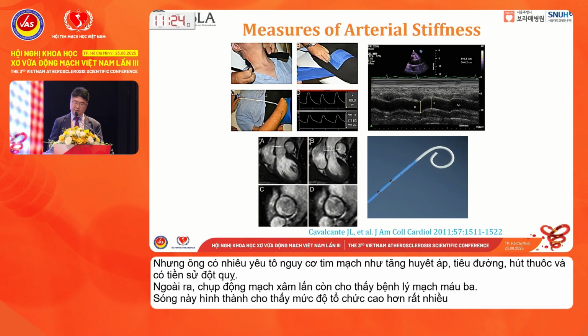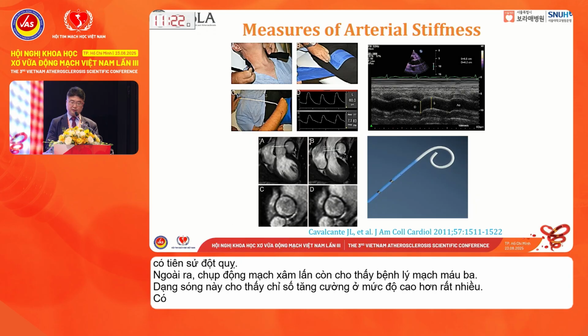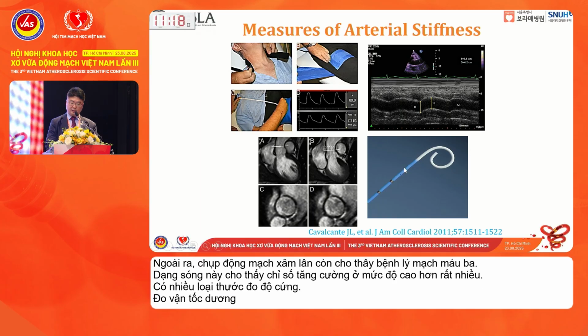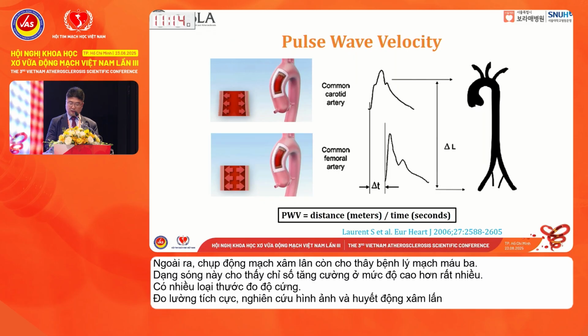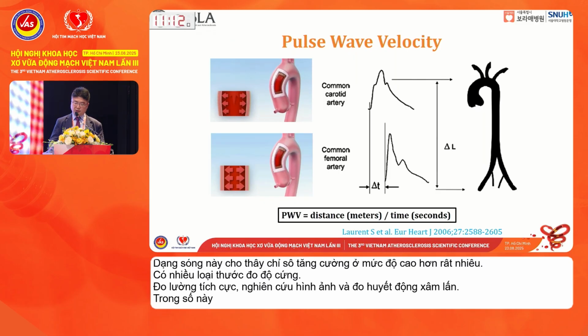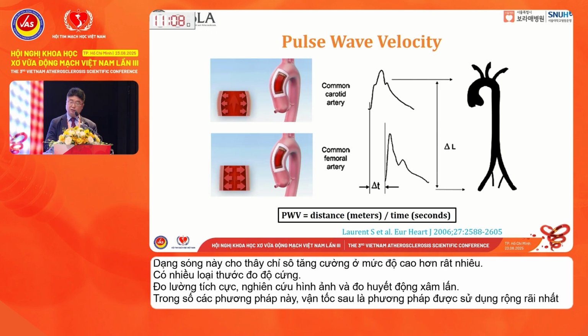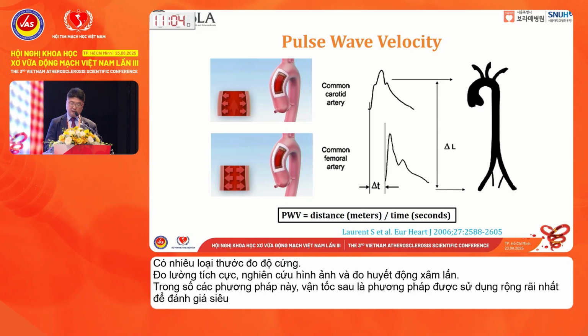There are several types of measures of arterial stiffness: pulse velocity measurement, imaging study, and invasive hemodynamic measurement. Among these methods, pulse velocity is the most widely used method to assess arterial stiffness in clinical and research fields.